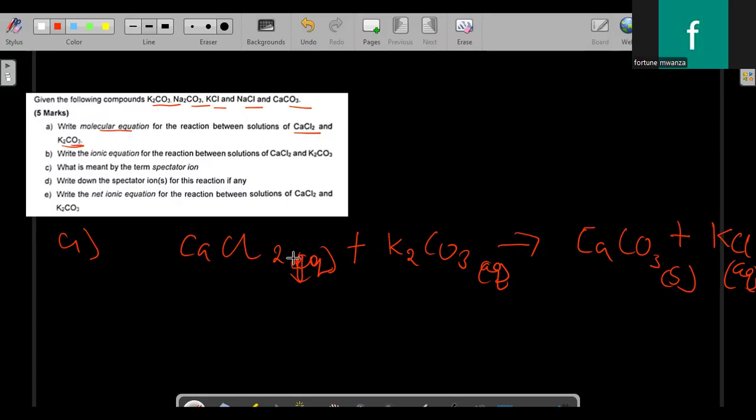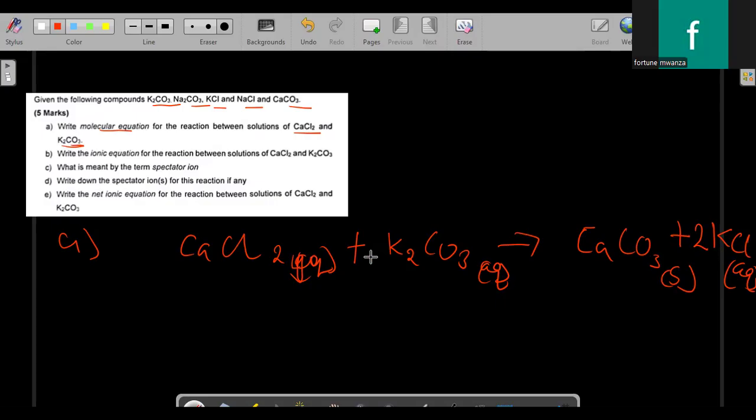We balance the equation by checking that the atoms are equal in the reactants and in the products. You check the calcium: you have one calcium atom on the other side, so it's balanced. We go to the chlorine: you have two chlorine atoms in the reactants and one chlorine atom in the products, so you can simply put a 2 there to balance the chlorine atoms.